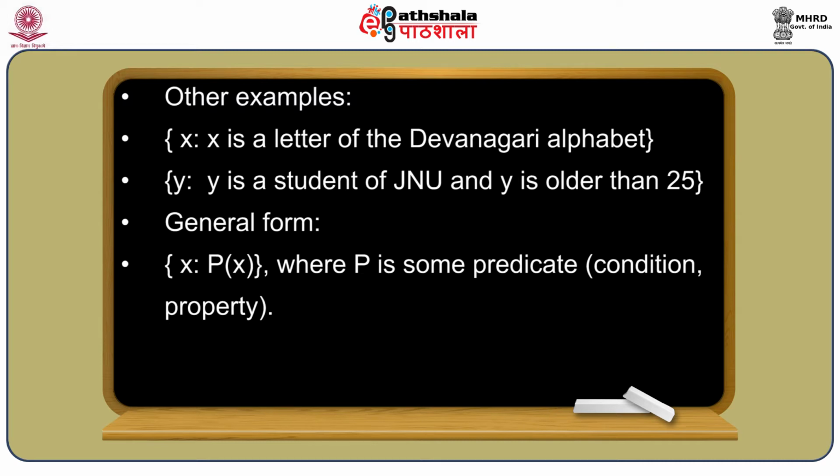The language to describe these predicates is not usually fixed in a strict way, but it is known that an unrestricted language can result in paradoxes. So, for example, the set of all x's such that x is not a member of x leads to something known as Russell's paradox. If you take this as a set and ask whether this set is a member of itself or not, you are led to the conclusion that it's a member of this set if and only if it is not a member of the set.